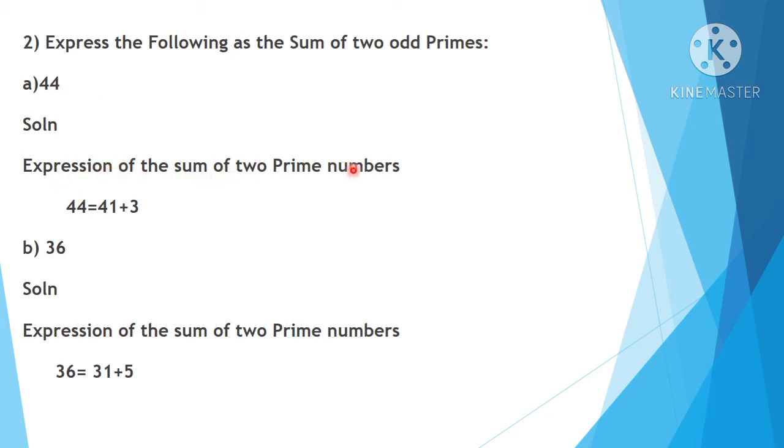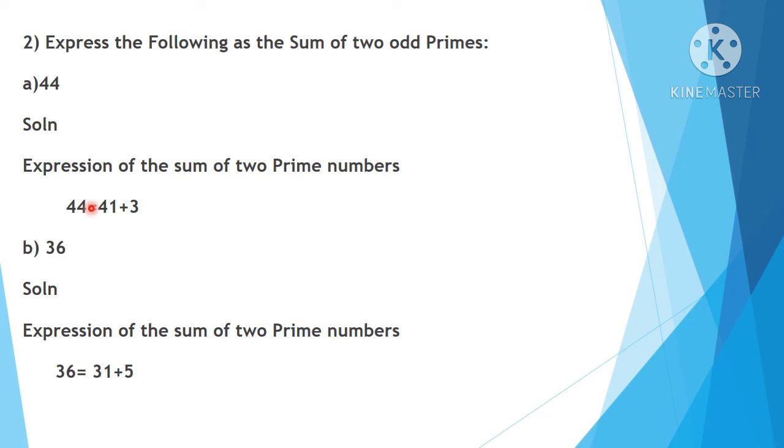Near to 44, check which is the prime number. You are having 41, right? So whether 41 is an odd number or even number, 41 is an odd number and also it is a prime number.